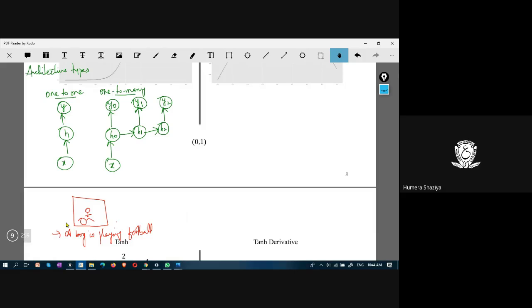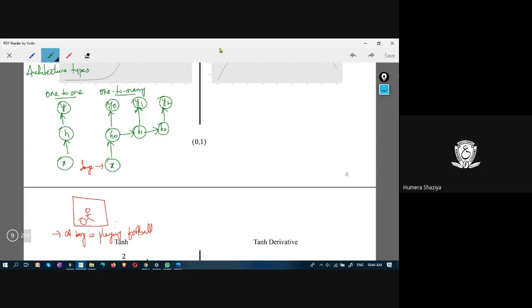In one to many, the input would be the image. Output would be the caption. In this case you can have more nodes.